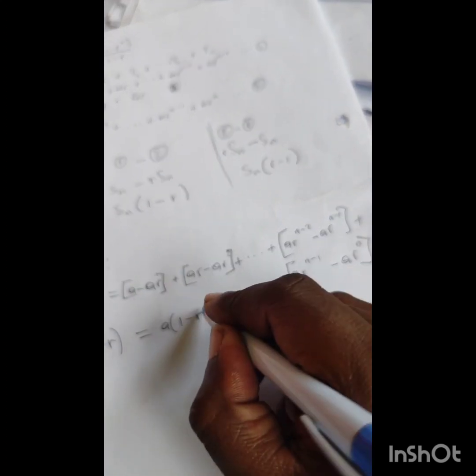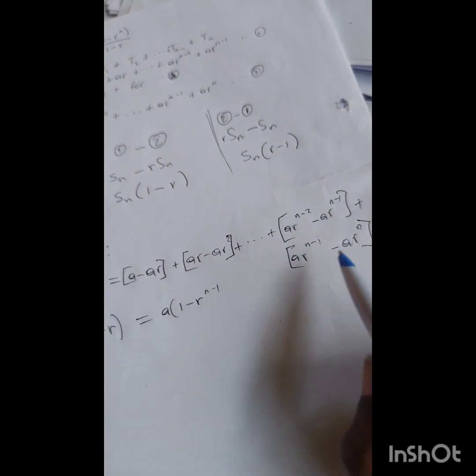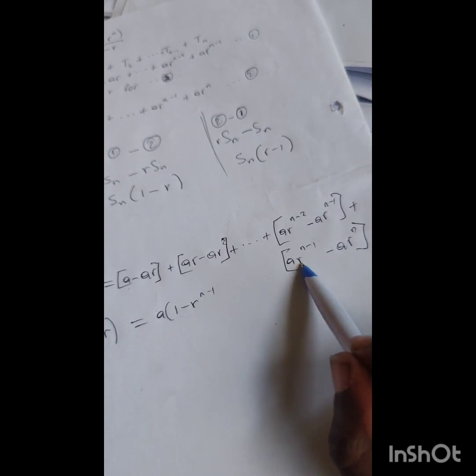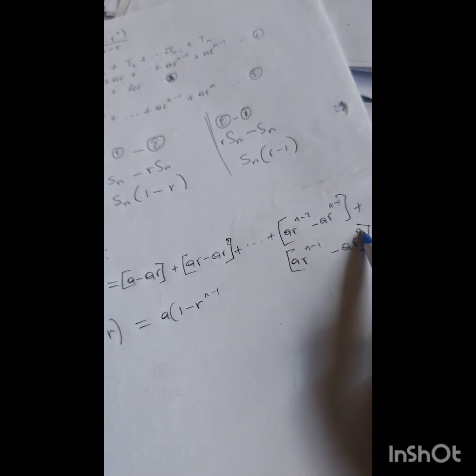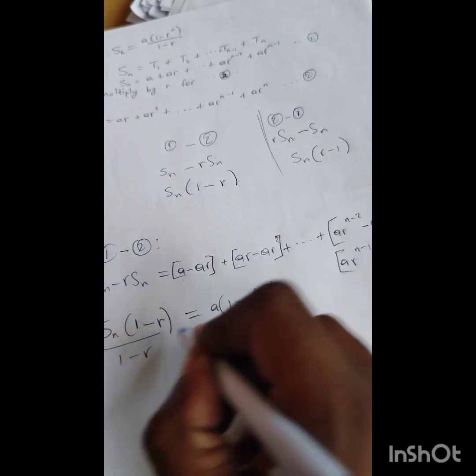So what we will do is we are going to plug n minus 1 here, because if you check here, we factor out A, we are left with R to the power 0 minus R to the power n. So when you simplify it all, it's going to end up being something like this. And then you simply divide both sides by 1 minus R, and then it cancels.